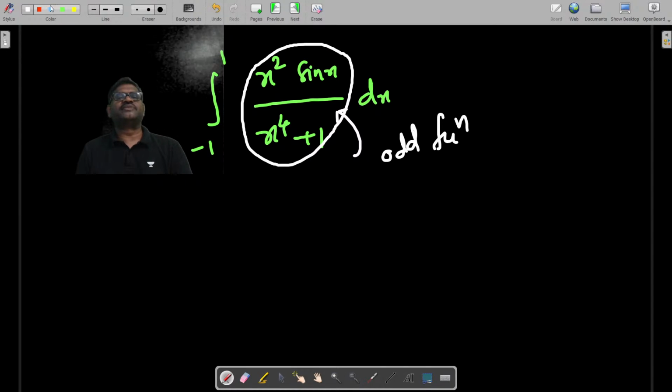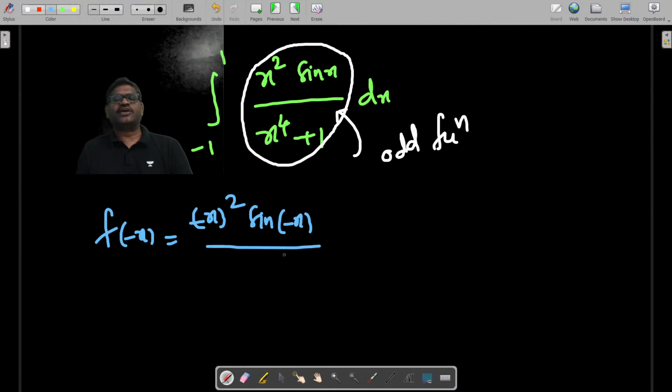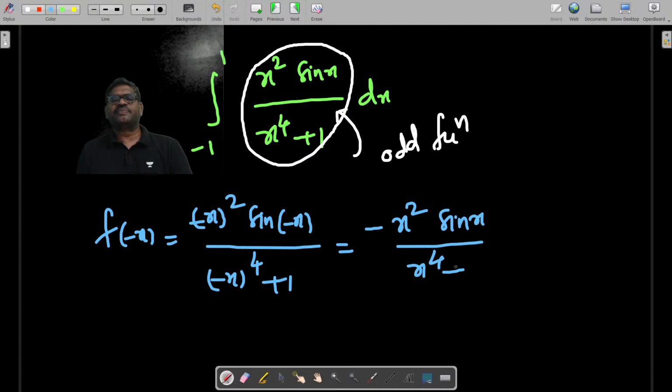This is an odd function. Very simple. You can apply minus x in the place of x. Minus x whole square into sin of minus x by minus x whole power 4 plus 1. x square into sin of minus x is minus sin x by x power 4 plus 1.